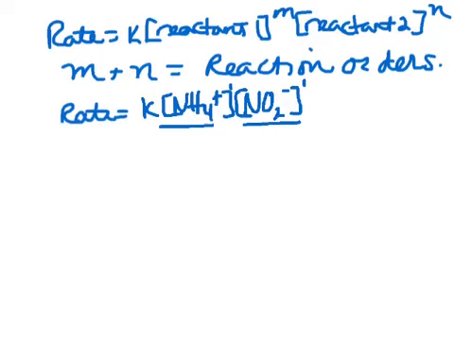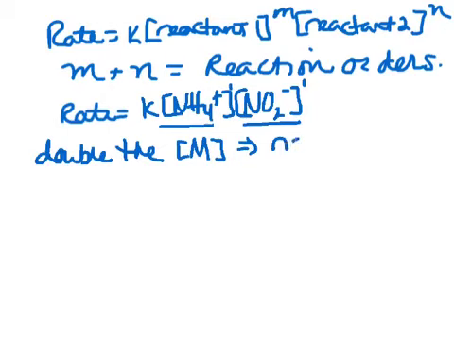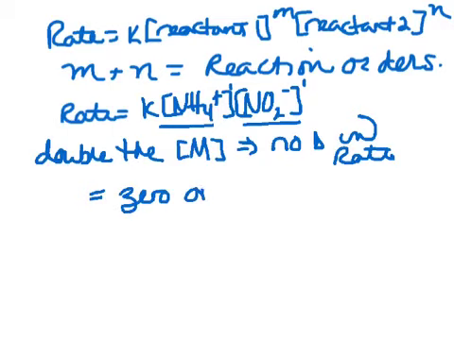So the rule is, if you double the concentration and there is no change in rate, that would be considered zero order with respect to that reactant.